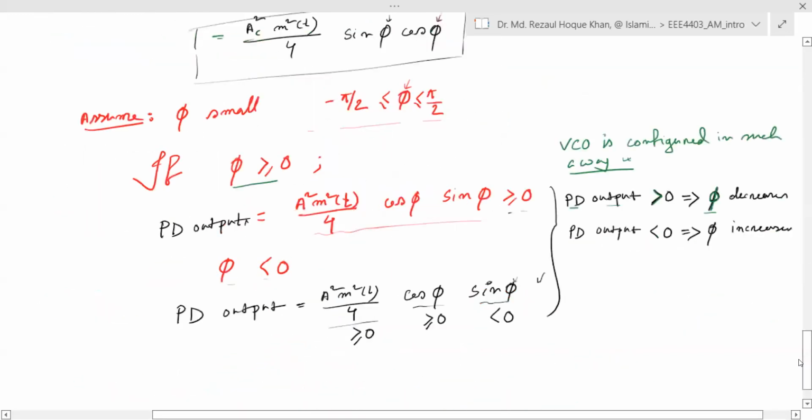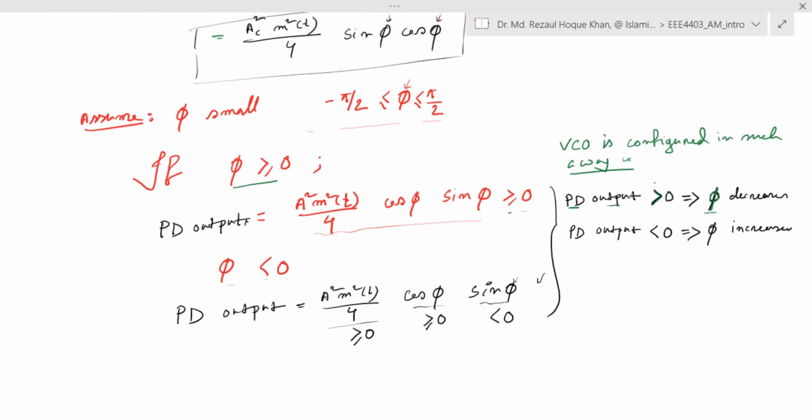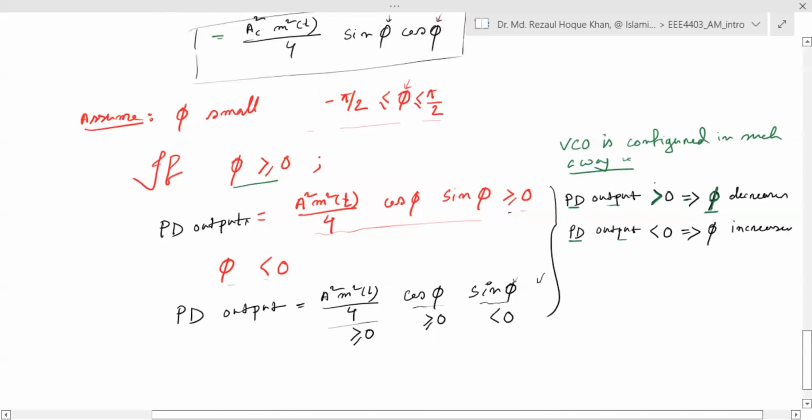So the VCO is configured such that if the phase discriminator output is greater than 0, the VCO decreases the phi. In the other way, if the phase discriminator output is less than 0, which is negative, then the VCO is designed such that it increases the phi. You see, it keeps it balanced.